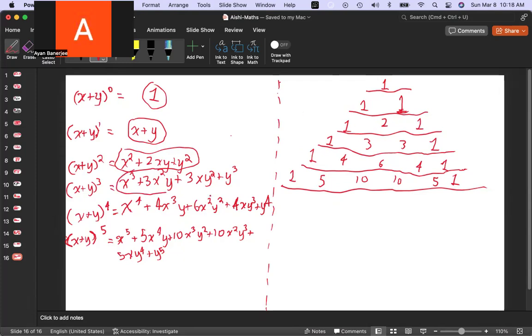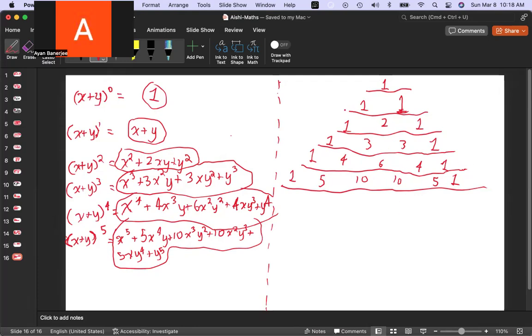For this one it is 1, 3, 3, 1. For this one, this humongous one, we get 1, 4, 6, 4, 1. And for this one, we have 1, 5, 10, 10, 5, 1.